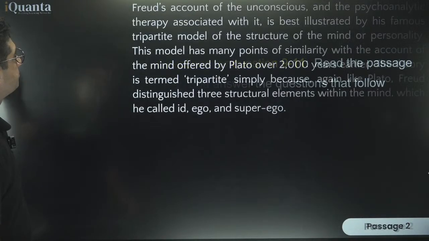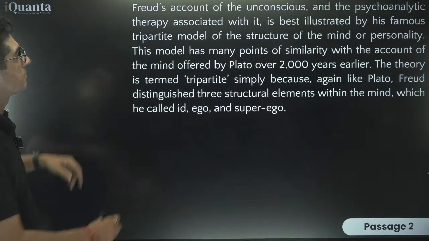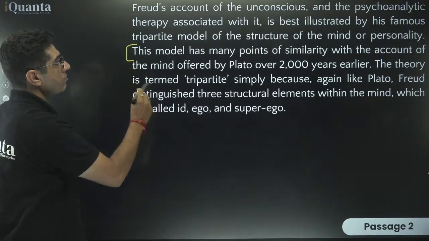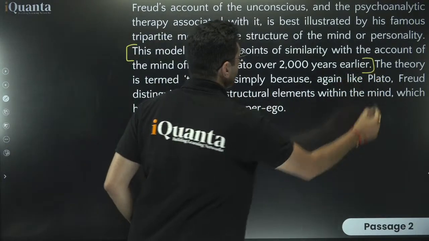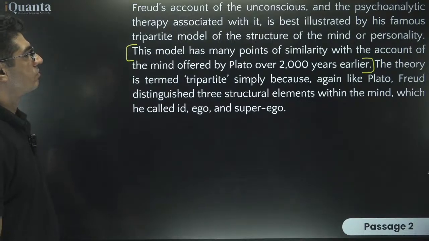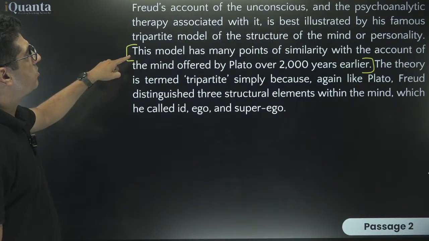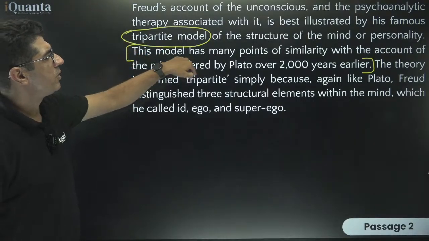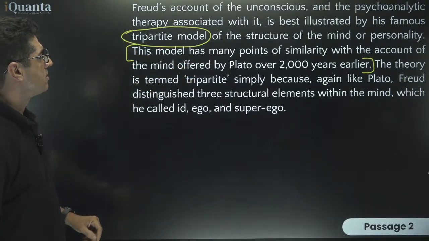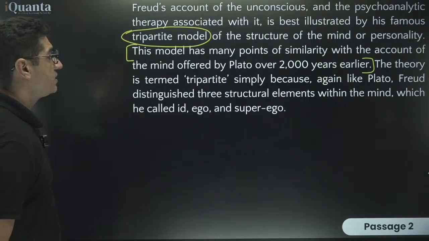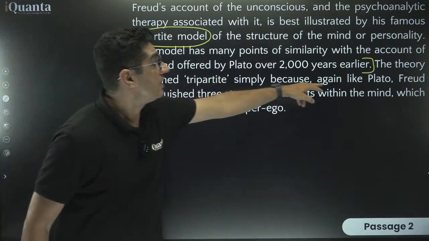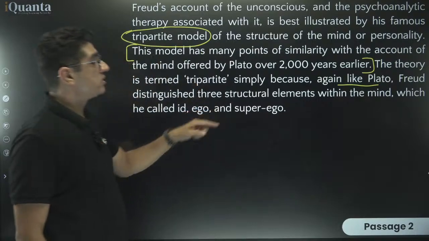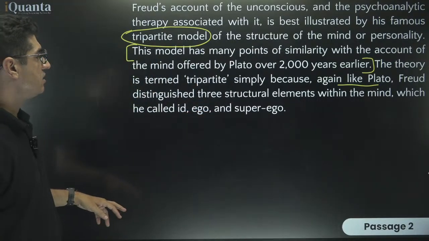There you go. So what is the model? Tripartite model. Has many points of similarity. So that's one place. Again, like Plato. So Plato also had a tripartite kind of thingy happening.